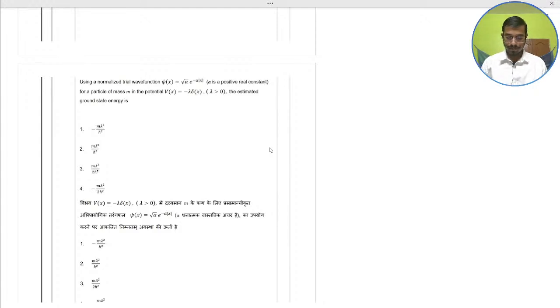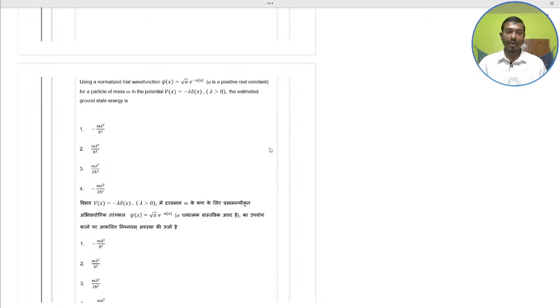Question number 50, not 53. Question number 50. Variational principle, quantum mechanics. The given wave function is the exact wave function for the given potential, so the exact eigenvalue will be the optimized solution of the eigenvalue.